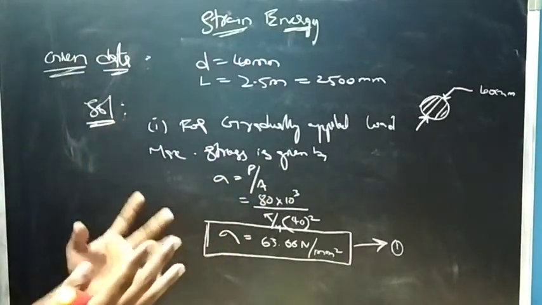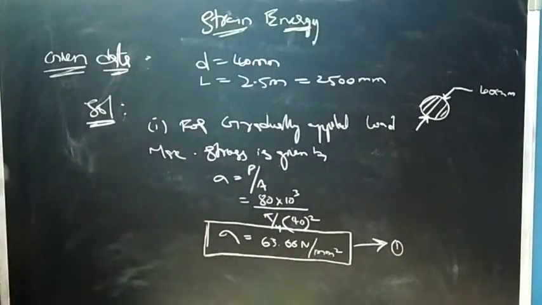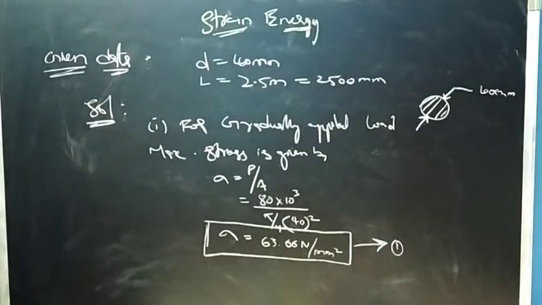Because we need to find out the instantaneous elongation, for finding the instantaneous elongation we have to know the sigma value, that is the stress value.